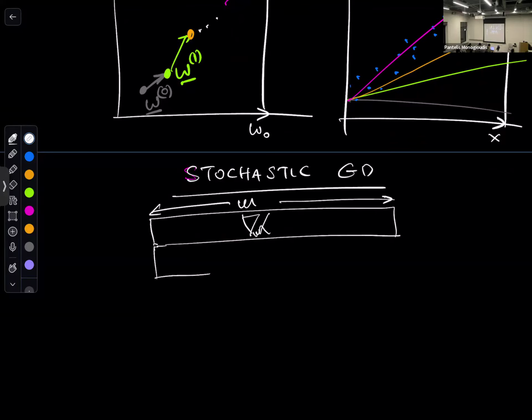What we will do is we'll split the m examples into MB subsets. These MB subsets are called the mini batches. But no one is calling them mini batches, everyone is calling them batches.